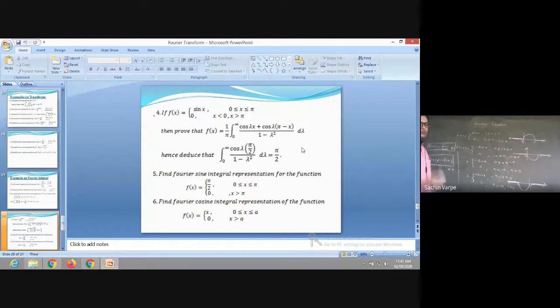So how do we proceed with this then? But still the function is defined in minus infinity to infinity. X less than 0 means minus infinity to 0, x greater than pi means pi to infinity, and 0 to pi. If we combine these three intervals, the given function is defined in minus infinity to infinity. So how do we proceed?